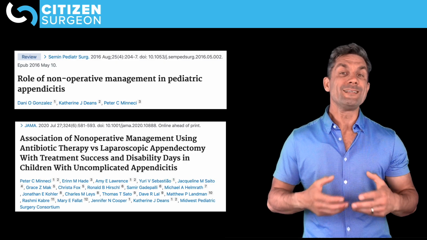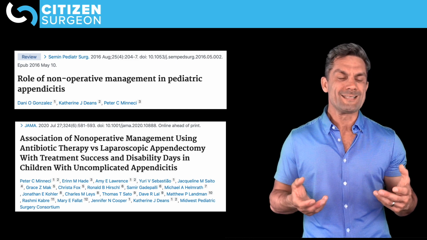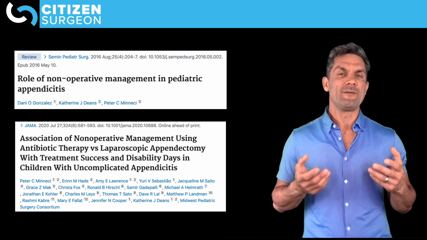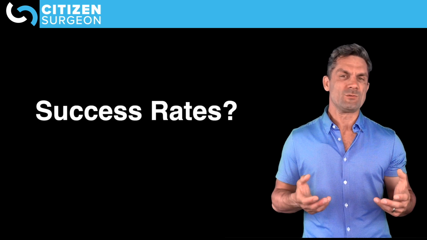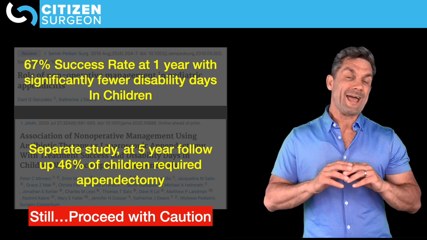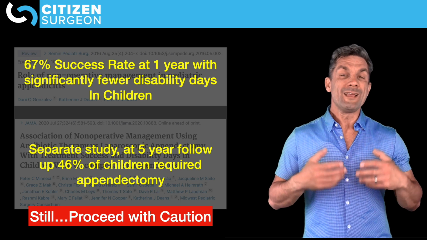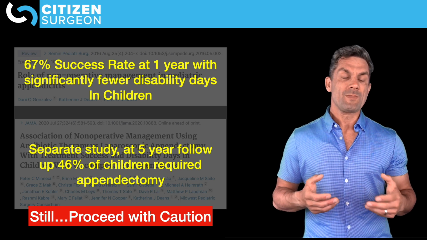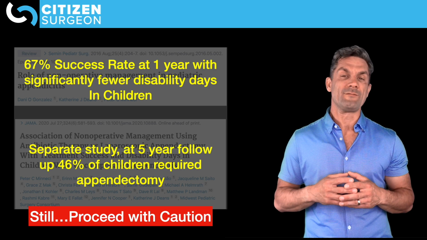In children, there is a mountain of evidence that non-operative treatment of appendicitis is a safe and effective choice, all right? Well, what are the success rates? If we look at the number of children that lasted a year without needing an appendectomy, we can see that about 67% of kids did not need an appendectomy at a year, and about 33% of children did.